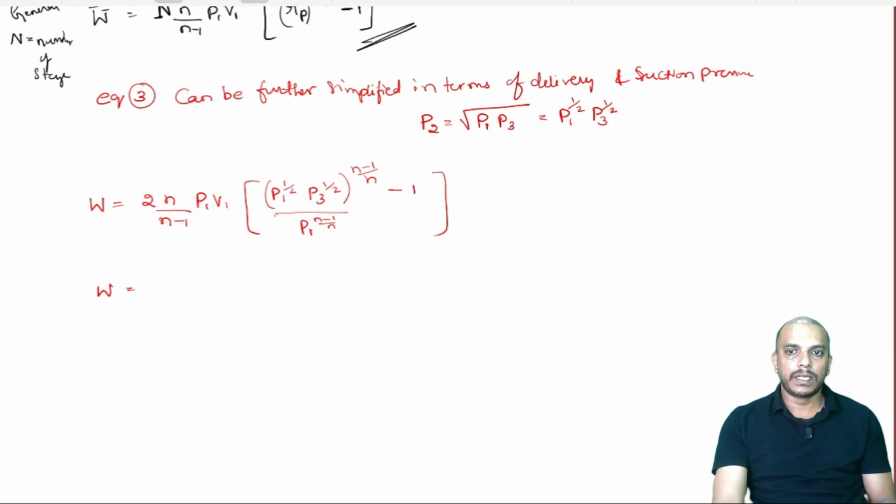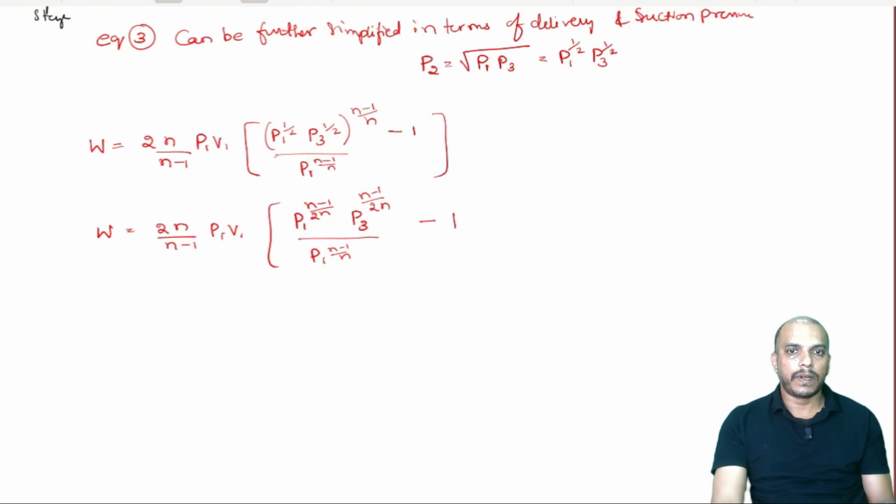Work transfer is equal to 2n by n minus 1 P1 V1. Now, P1 power (n minus 1) by n, that is, the half is multiplied with the power, so that will be 2. Then again this will be P3 power (n minus 1) by 2n, minus 1, and this is P1 power (n minus 1) by n.